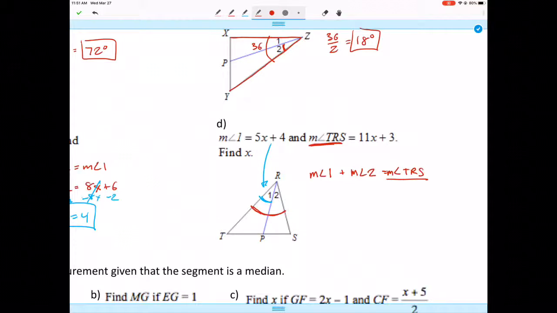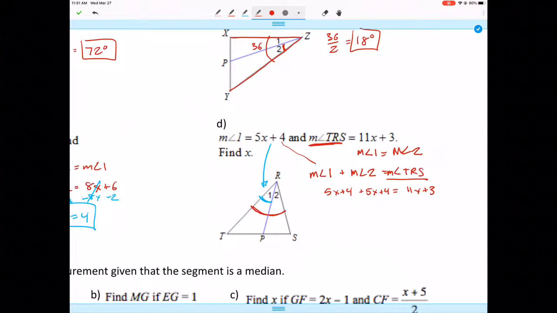All right, but since this is an angle bisector, we know that the measure of angle 1 is equal to the measure of angle 2. All right, so we can plug these in. We could say 5x plus 4 plus 5x plus 4 equals the measure of TRS, which is 11x plus 3.